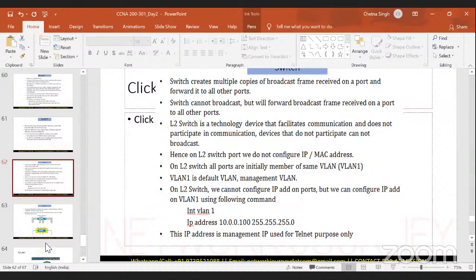What are the protocols which are working on the switch? Like for the self-managed, you told that self-learning of the MAC address in the MAC table, some sort of intelligence, some sort of protocol also which is working on the switch. See, we don't say it in terms of protocol.